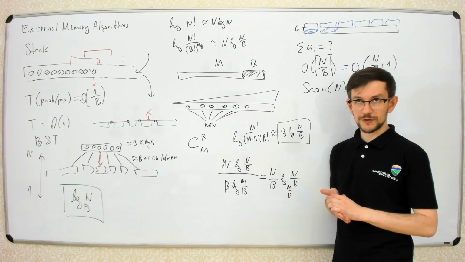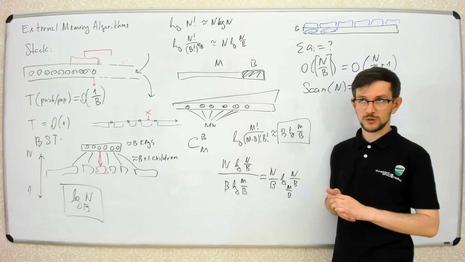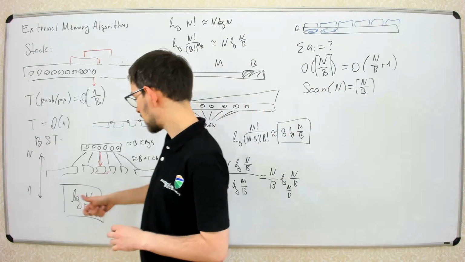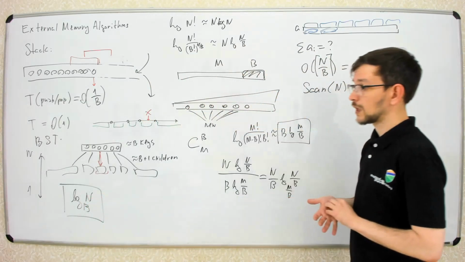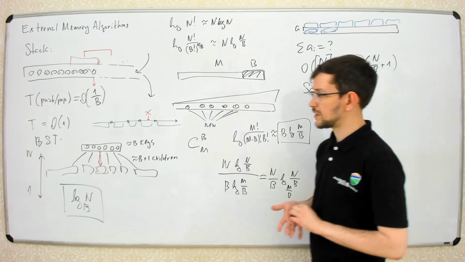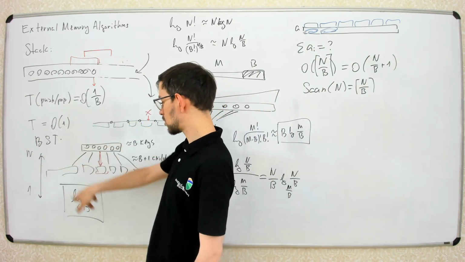I think you can prove that this is actually optimal for binary search trees in the external memory model. What's interesting? We just said that this time complexity is bad, but here we have even worse.